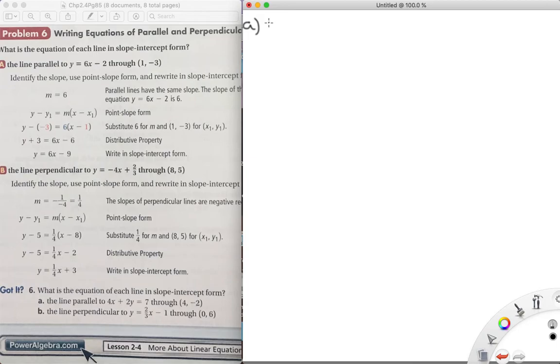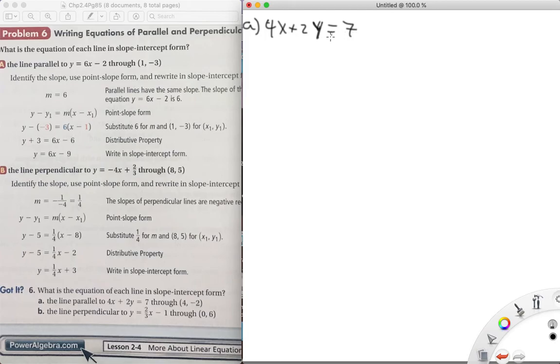We just have to put it into slope-intercept form. So first thing we do is, it doesn't really matter the line it goes through if we're doing it this way. We just need the slope.